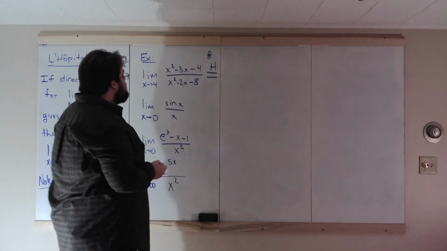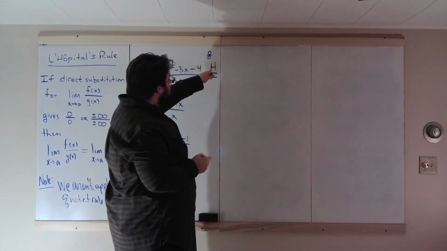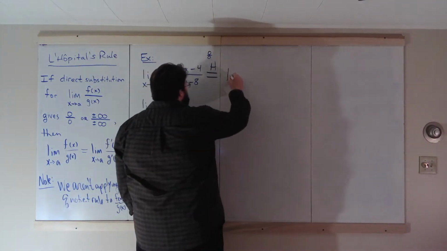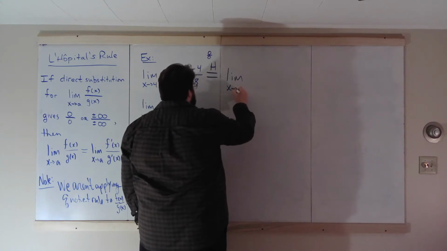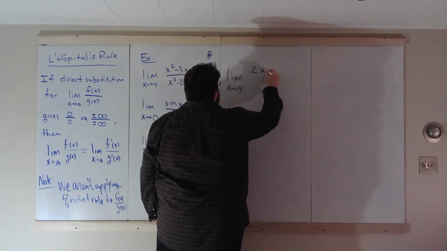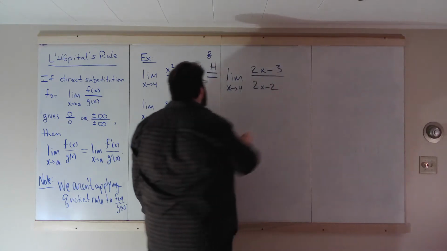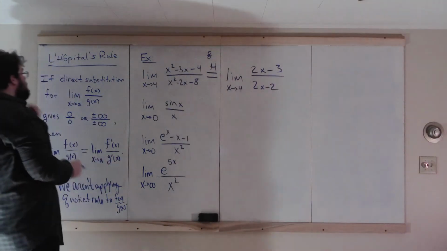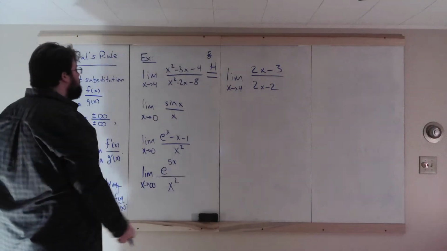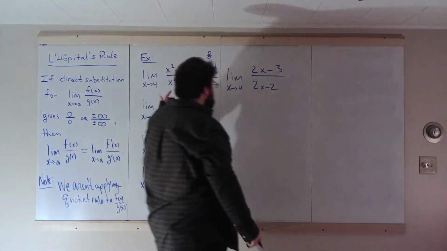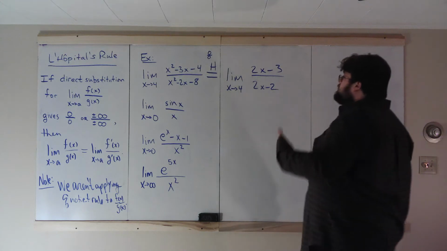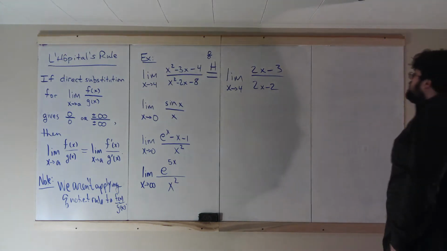We can use L'Hopital's rule, which I'm going to mark with an equals sign with an H over it. It equals this new limit. Derivative on top, 2x minus 3. Derivative on bottom, 2x minus 2. The limit equals the limit of the quotient of the derivatives.